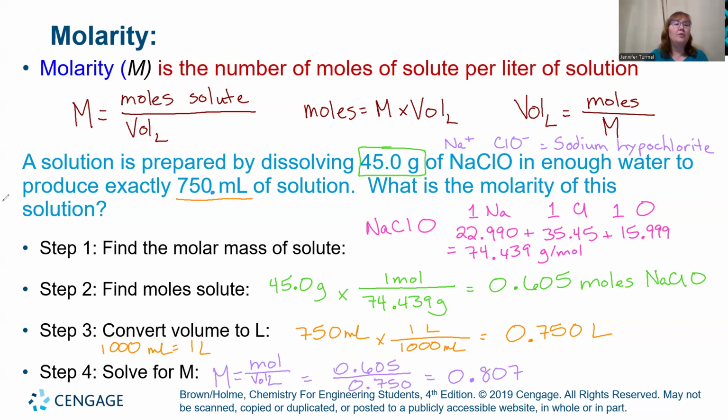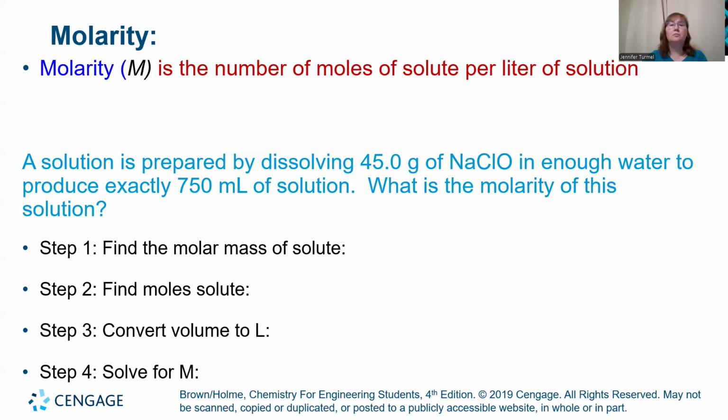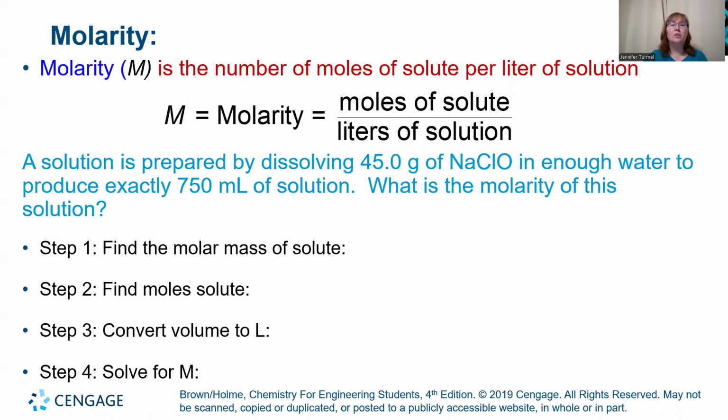Just as a little review, that is because our leading zeros don't count, and we only have those three significant figures. The unit for that is a capital M for molar. So we would say 0.807 molar.